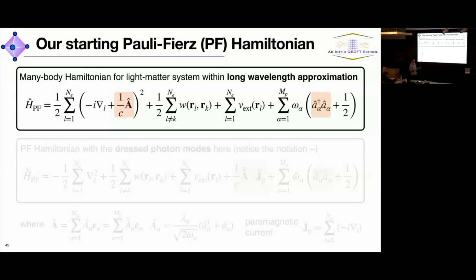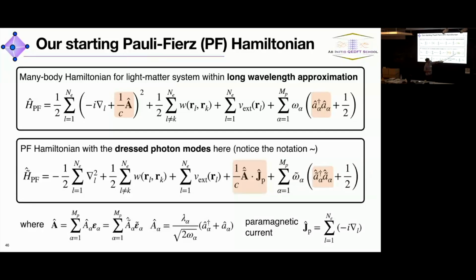So we can absorb the square term into this photon operator, and you get the so-called dressed photon. I think you already did this in your exercise. So this is a starting point for us to find the electron-photon exchange potential.